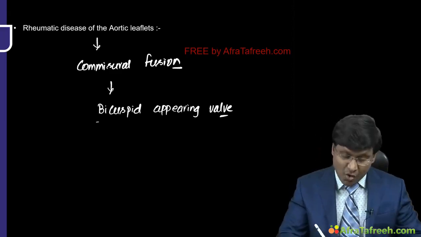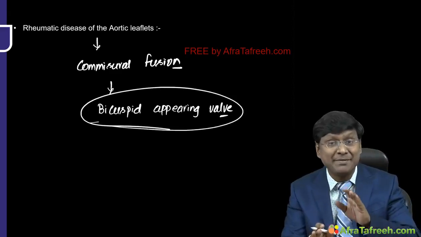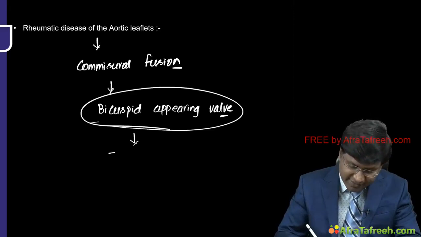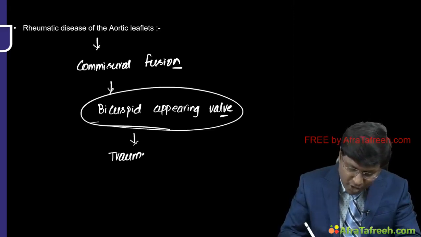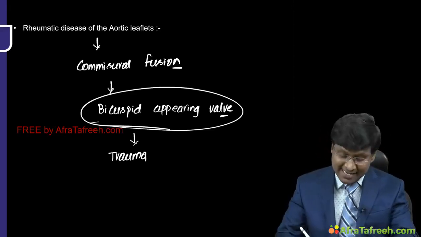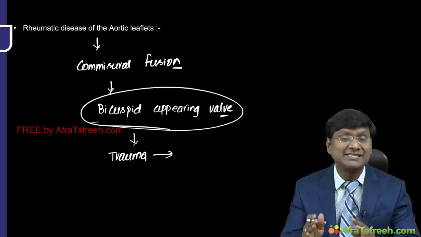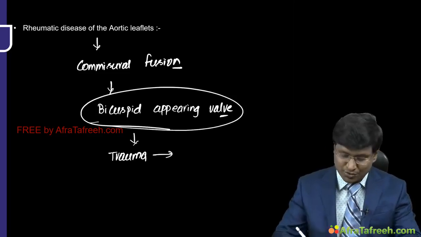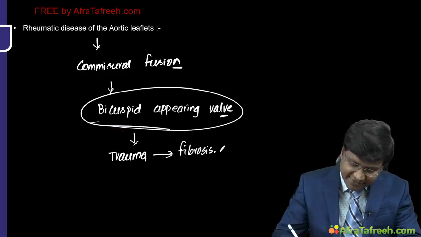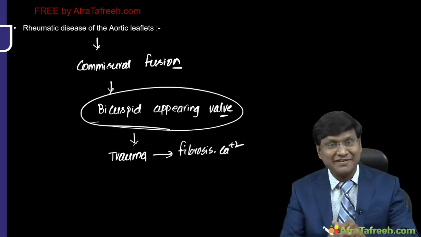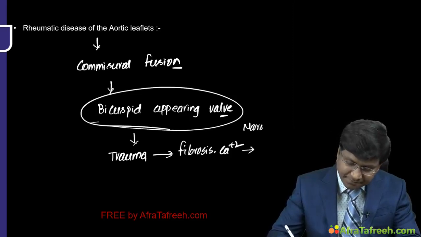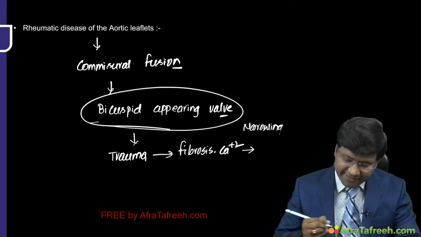Now, what will be the progression? On this bicuspid appearing valve, the leaflets are more susceptible to trauma. Ultimately, these events lead to fibrosis, calcification and further narrowing.